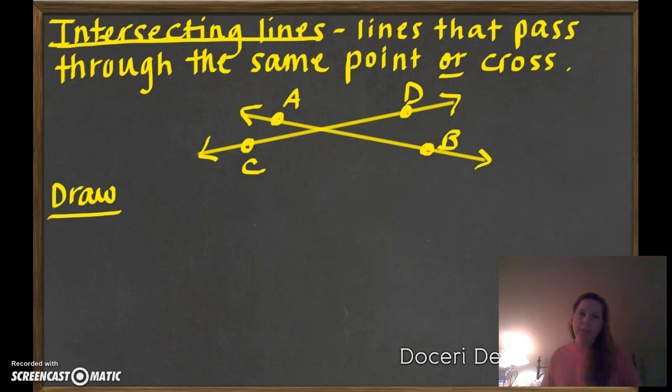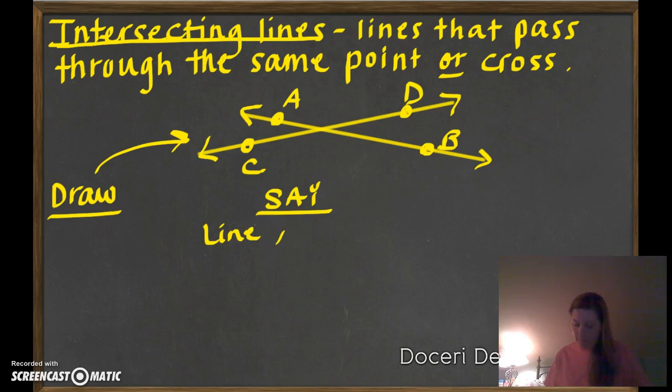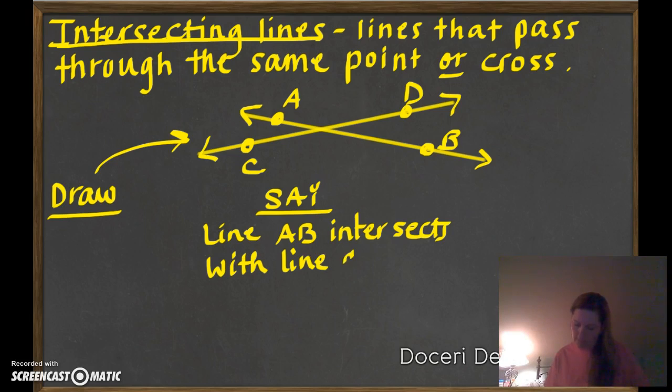So the next set of lines are called intersecting lines. Those are two lines that pass through the same point, or they just cross. So you can see in the drawing, and this could actually be your drawing here, we have line AB, which intersects or crosses with line CD. And again, like I said before, these could be line segments, but since we're talking about lines, we'll just use the lines. And I would say line AB intersects with line CD.